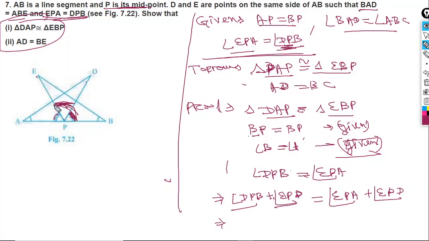Its name is angle EPB. Angle EPB equals EPA plus EPD. Look at the figure, EPA this angle plus EPD this angle will form this big angle, DPA angle.